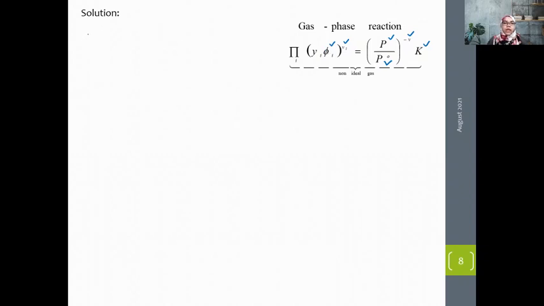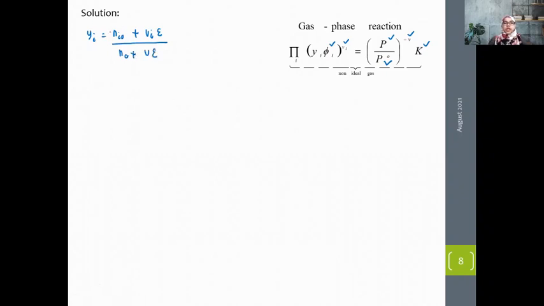We have learned that the mole fraction equals Ni naught plus, since this is a single reaction, Vi times the reaction coordinate, over N naught plus V times the reaction coordinate.